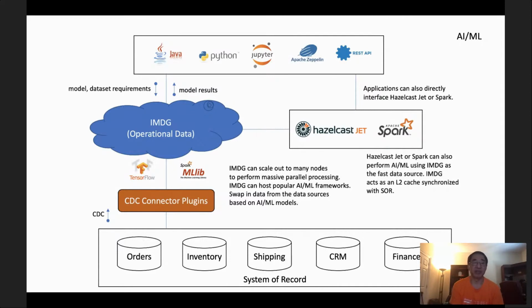As data updates come in from CDC, you're applying the machine learning models that you have dispatched to IMDG. You can achieve that through IMDG, or you can also have Hazelcast Jet and Spark on the side take on such tasks. It's up to you how you're going to do it. But the bottom line is that you're going to have various different applications at the front end that will be able to access the underlying mechanics.